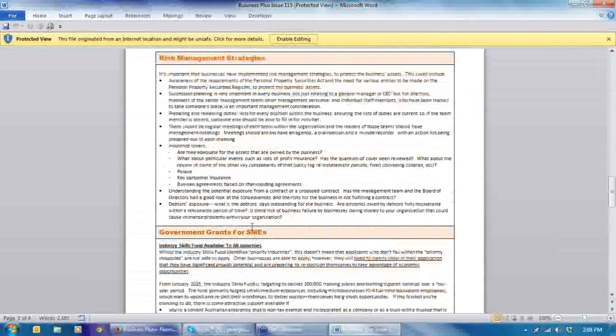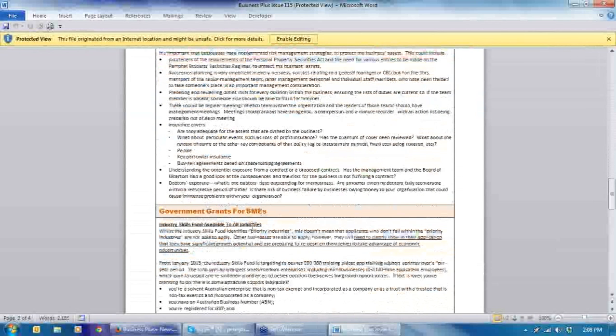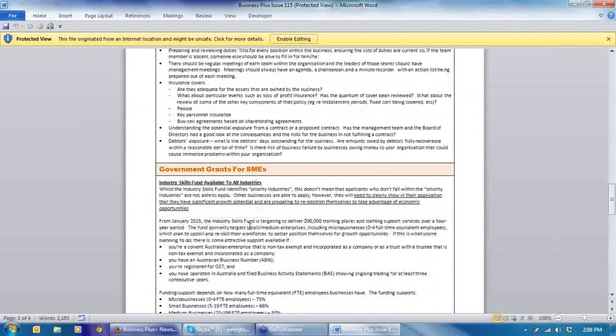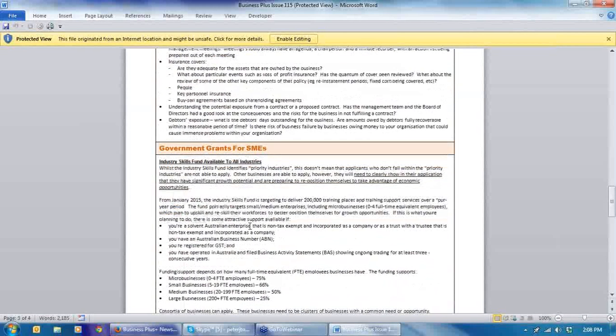Government grants for SMEs, looking at the new Industry Skills Fund grants, which are available for all industries. There is some preference for the so-called priority industries, but other industries can apply, and there's special benefits there for micro businesses, which are defined as a business having less than 4 full-time equivalent employees.